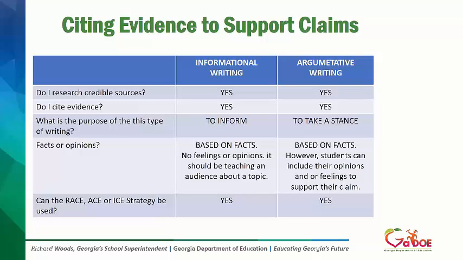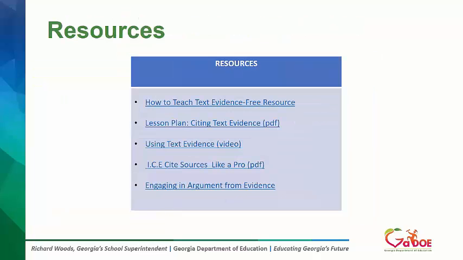It should be teaching an audience about the topic. Where can they put their opinions or feelings? That will be in argumentative writing, but it's still based on facts. They can use any of the writing strategies on both the informational and the argumentative.